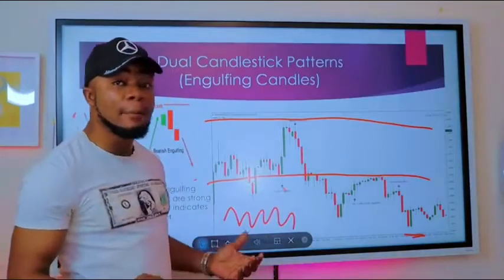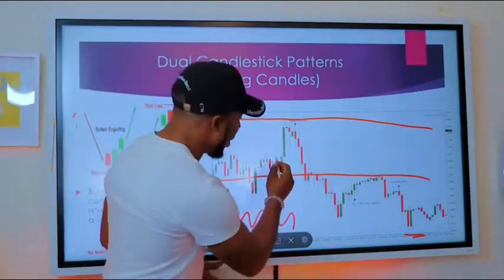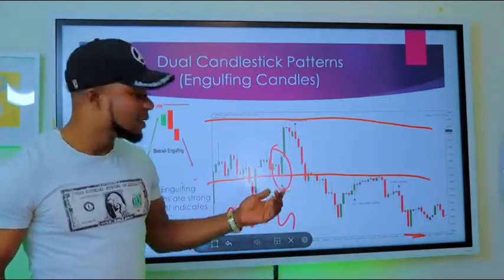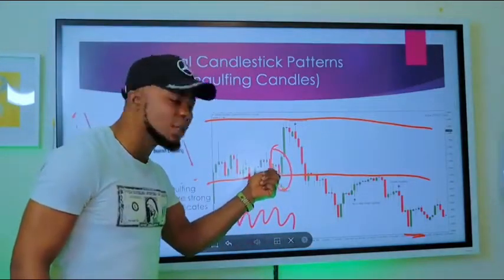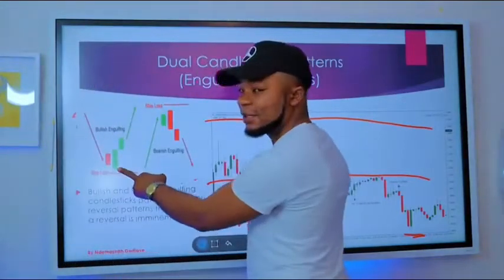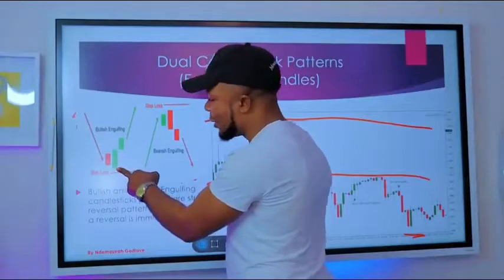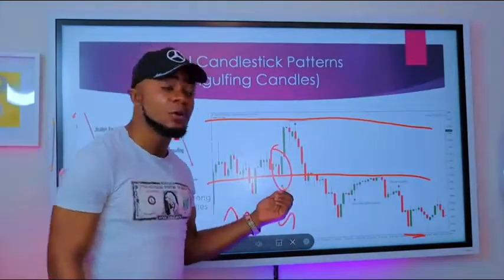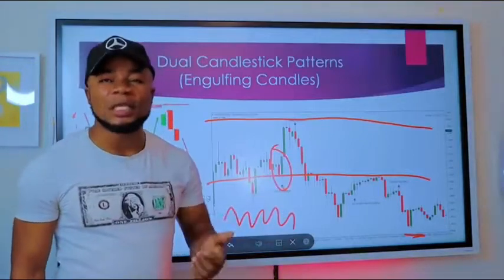We had a big bullish engulfing candle. You see how this candle completely swallowed the previous candle. That is what we call a bullish engulfing candle. This is the same thing here. This candle completely swallows this other candle, forming what we call a bullish engulfing candle.